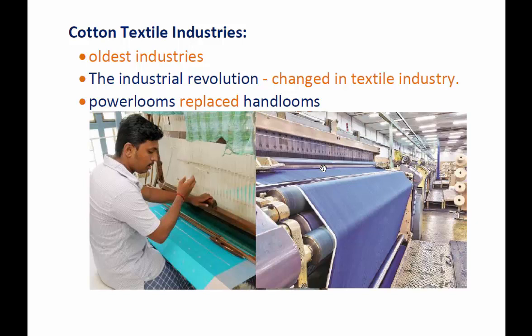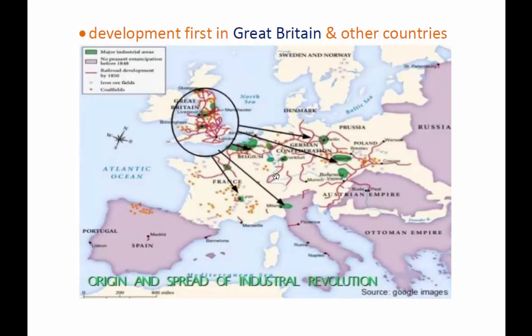After the industrial revolution, power looms replaced these handlooms, and the cotton textile industry was first developed in Great Britain, and later on it spread to other countries in the world.